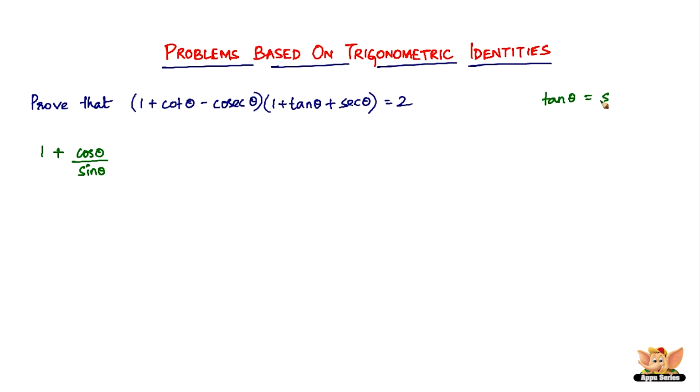So tan θ equals sin θ divided by cos θ, and cot θ equals 1 by tan θ, which is nothing but cos θ by sin θ. So that is where I've written cot θ as cos θ divided by sin θ, and minus cosec θ. Now, what do you write cosec θ as? You'll write it as 1 by sin θ.